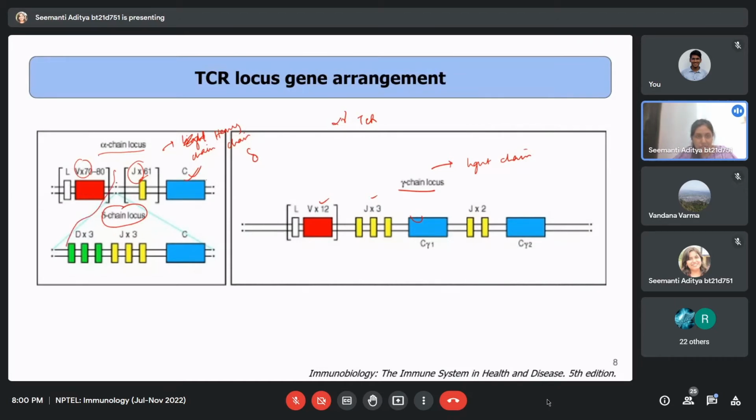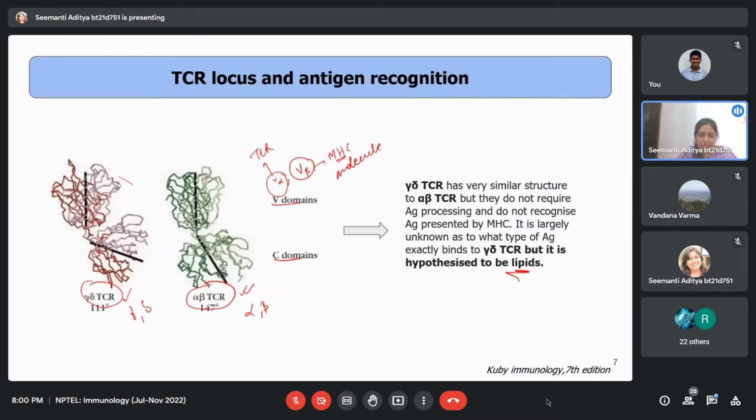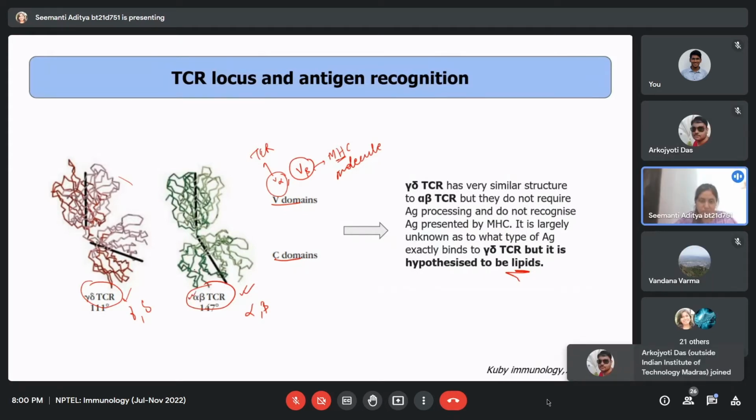So this is the delta chain locus, and the delta chain locus has, instead of V and J, D and J segments, and this is located entirely inside the alpha chain. To some extent, this is exciting because gamma delta T cell receptors have a certain portion of the gene located inside this alpha locus of the T cell receptor.